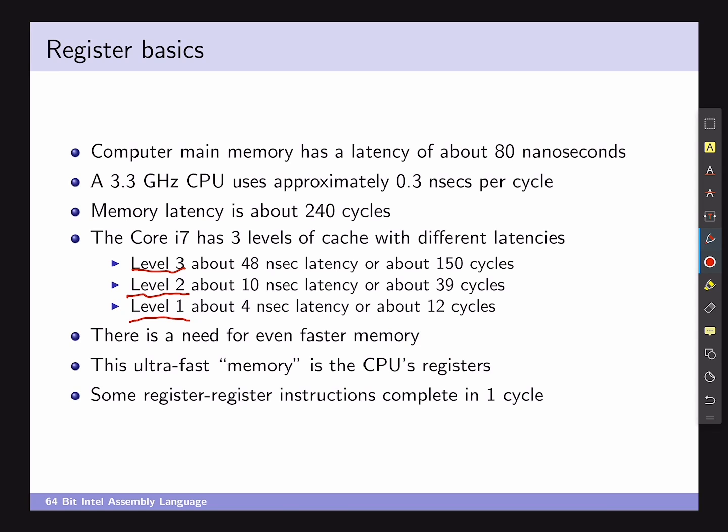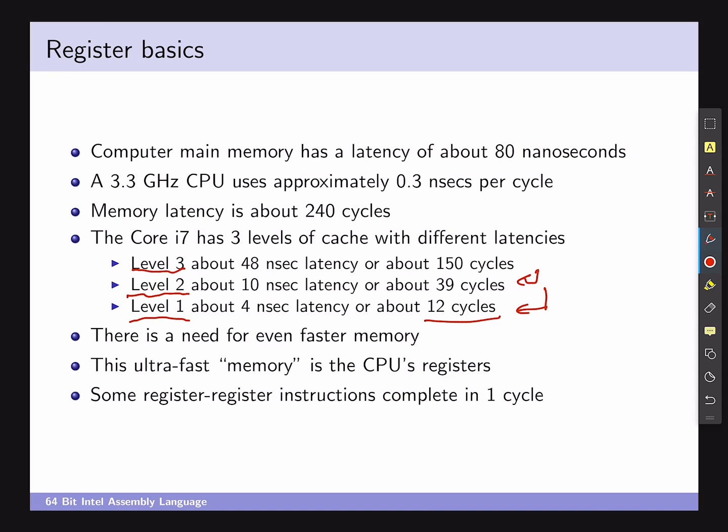Now, if the bit of memory I wanted to work with was in level 2 of cache, then on average we'd be waiting about 12 cycles, because the latency is roughly 4 nanoseconds. So 12 cycles is obviously not nothing, but it's considerably better than 240 cycles. If the data we're looking for is not in level 1, we have to look at level 2, and in that situation it will only have a latency of 39 cycles.